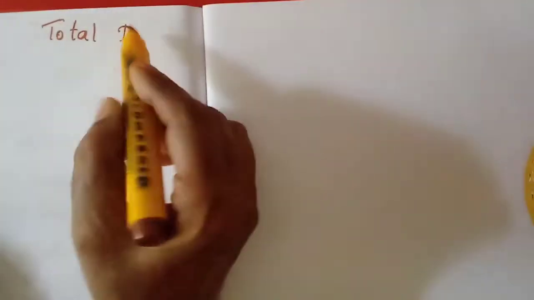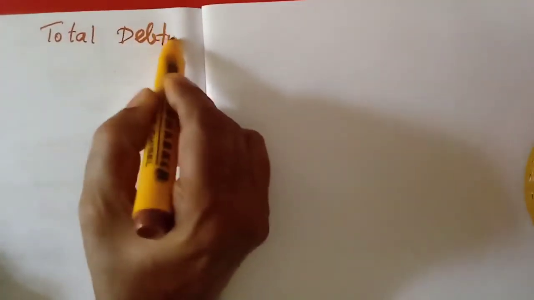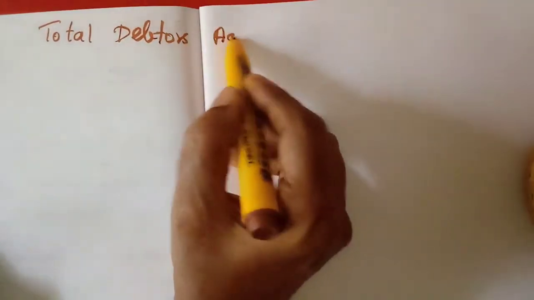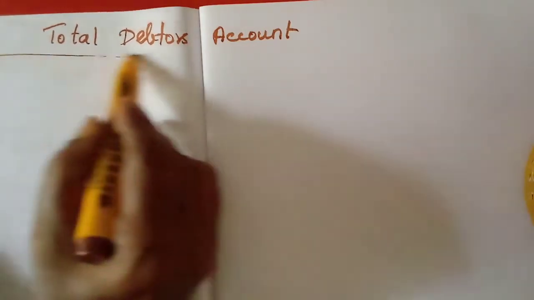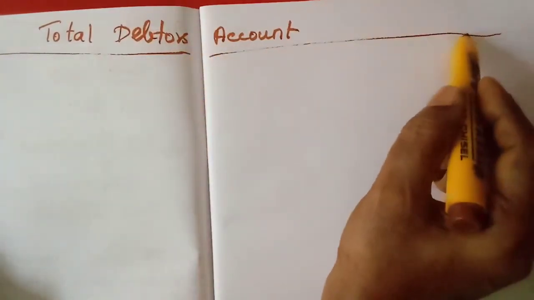Two pages. First we should write the question number. Okay, that you cannot see, I am writing on this end. Okay, left side. Question number 10. Then we have to write the heading. Okay, total debtors account. Total debtors account, then we should draw the line.